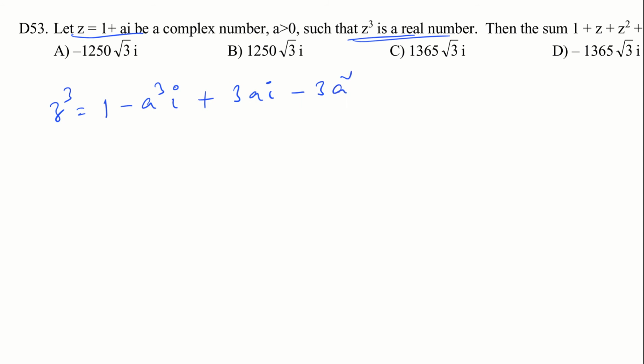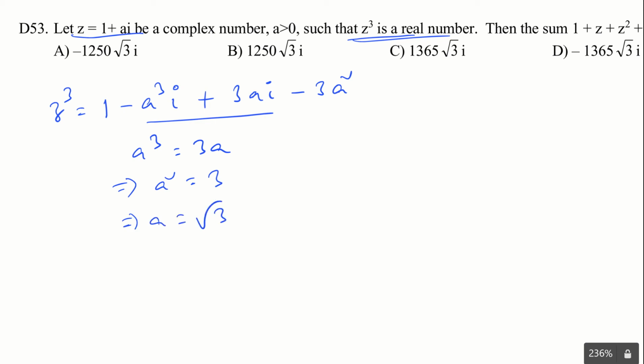He said this is purely real. That means the imaginary part must be 0. So I'll get a cube is equal to 3a, equating the imaginary part to 0. Or you can see that I have a square is equal to 3, which implies a is root 3. Actually I get plus or minus, but he gave a is positive. So I understand z is nothing but 1 plus root 3i.